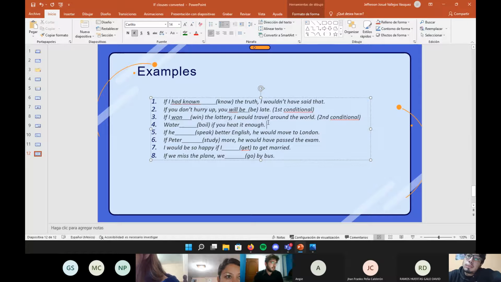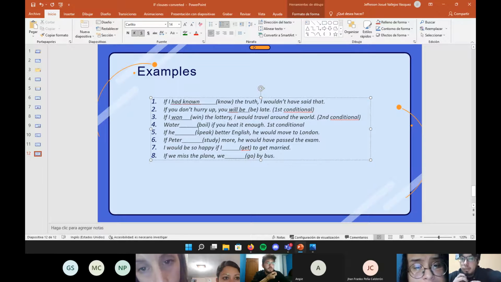What was the conditional that was probated? The first conditional, okay? But for that reason, how we can put this? Water, if you heat it. Oh, sorry, in this case is zero conditional, okay? Zero conditional, okay?